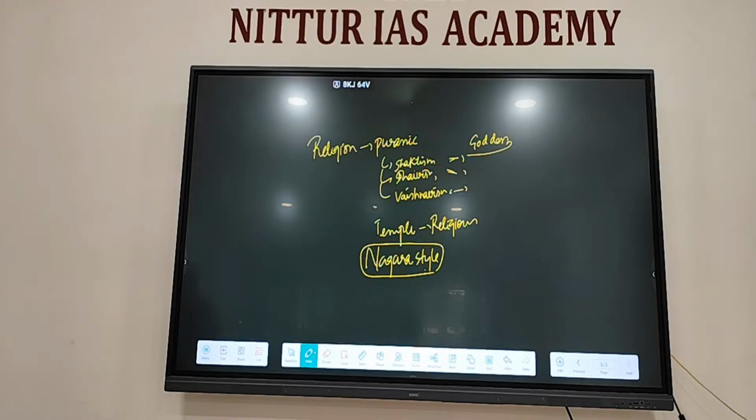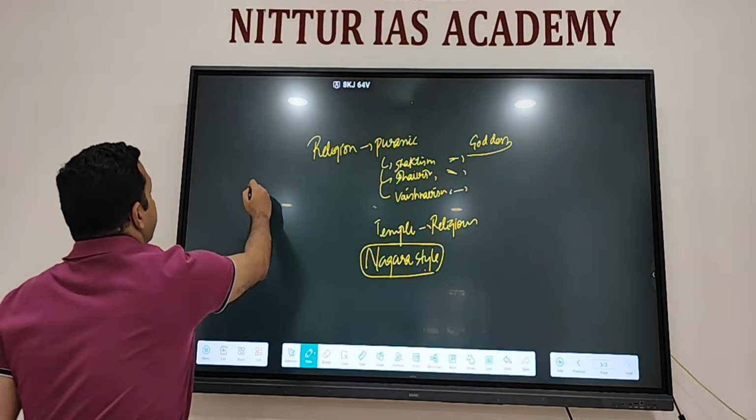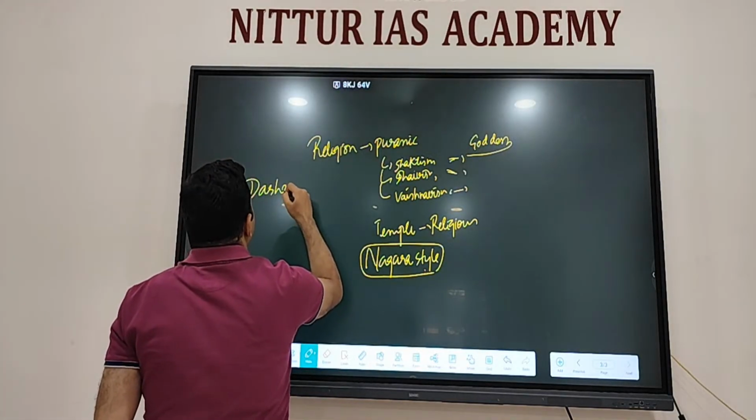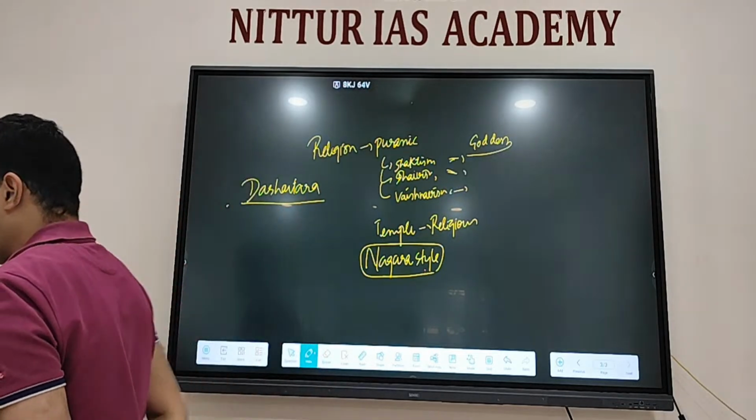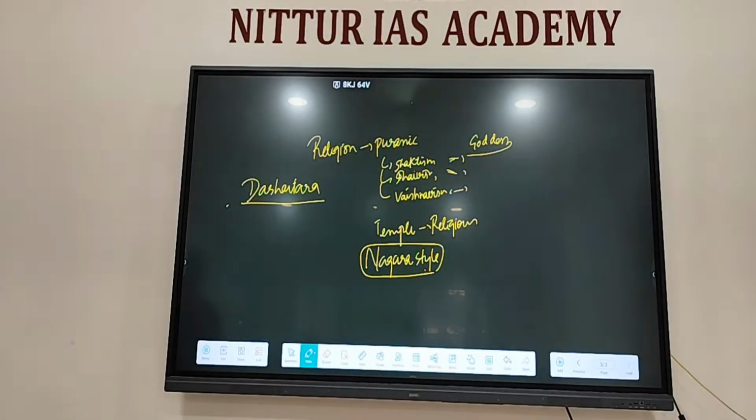Example you can mention Dashavatara temple, indicating that there is a rise of Vaishnavism.